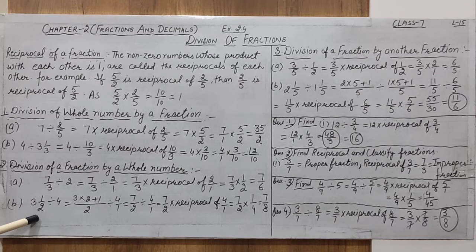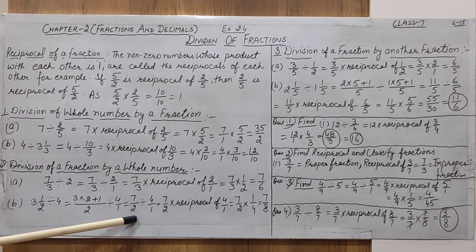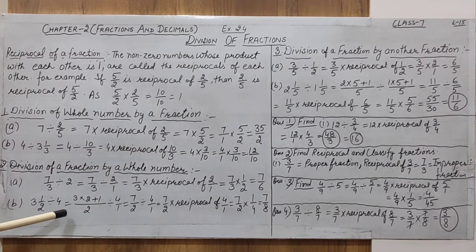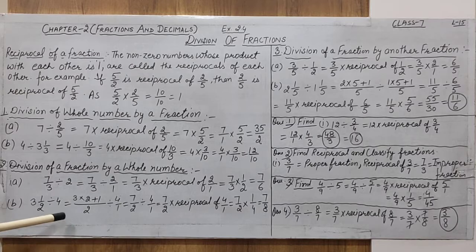So 3 and 1 by 2 now changes into 7 by 2, an improper fractional number. Then divided by 4. The first process is what? We have to change the whole number into a fractional number by dividing by 1, so that we get a numerator and a denominator.